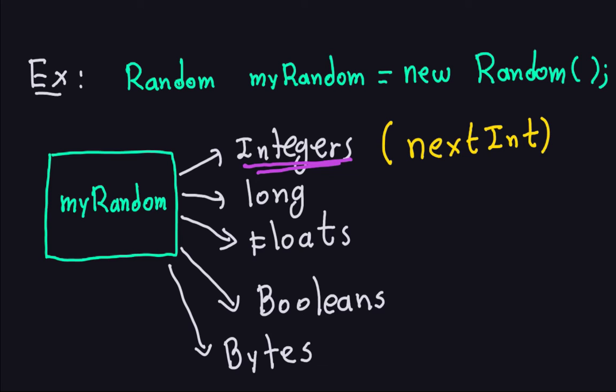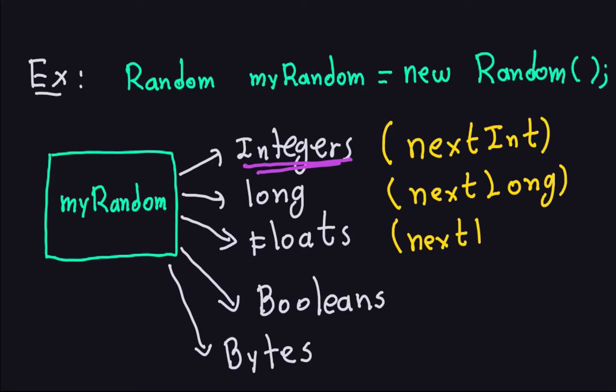Now for longs it is almost exactly the same, as you just do next long with capital L. And you can actually figure out what the next one is, right? So next float with capital F.